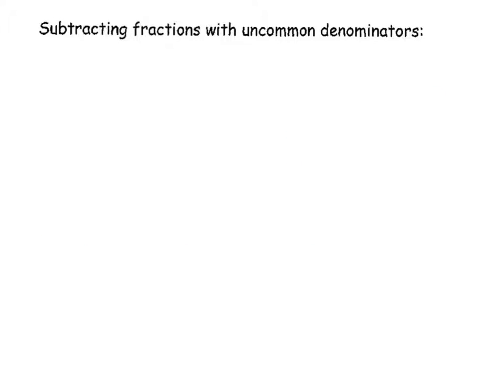Subtracting fractions with uncommon denominators. It's going to be the same steps, guys. Step 1, find the common denominator. You could literally copy what you just wrote above and then put in the word subtract instead of add.